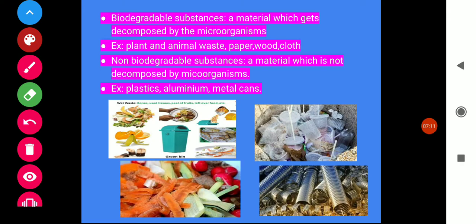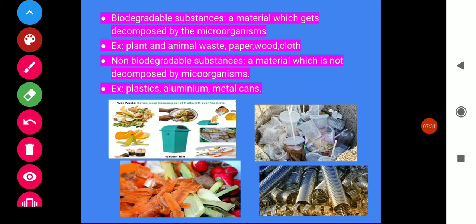But some of the materials are not decomposed by the microorganisms. Those are called non-biodegradable substances. This plastic is a non-biodegradable substance. Aluminium, metal cans, all these are non-biodegradable substances.